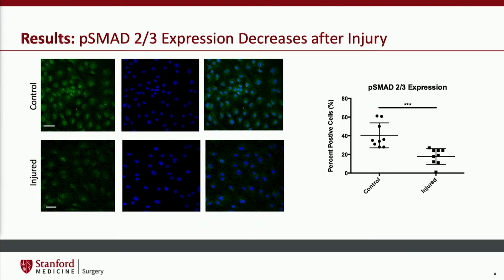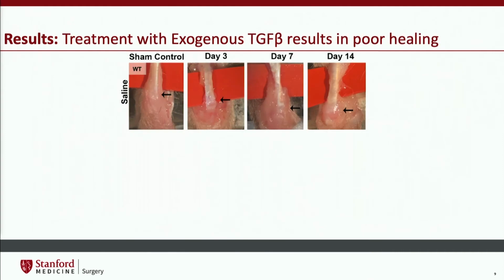The picture to the right is just the nuclear staining, and then we have the combined images. So overall, this suggests that there's not only a decrease in TGF-beta signaling at the RNA level, but also at the protein level.